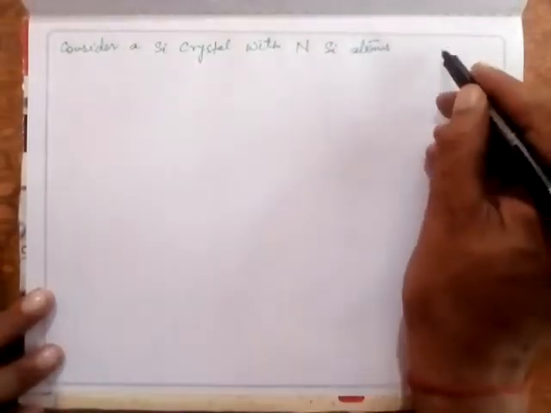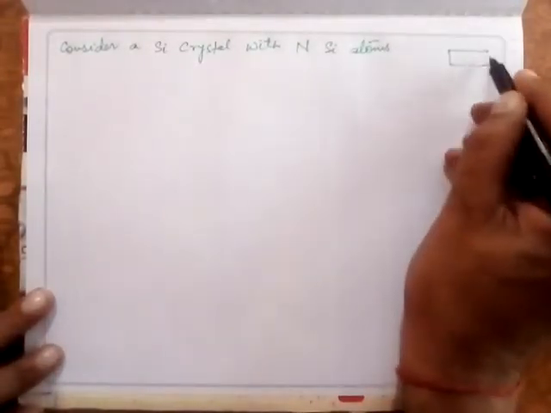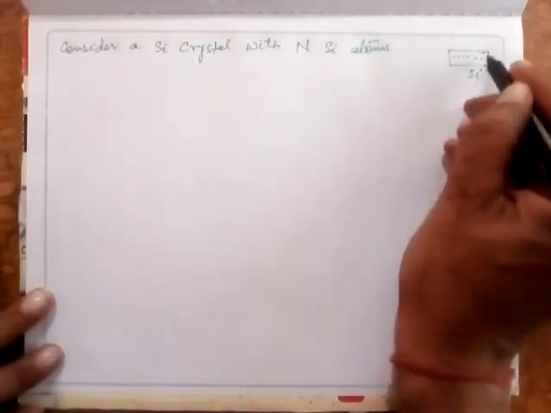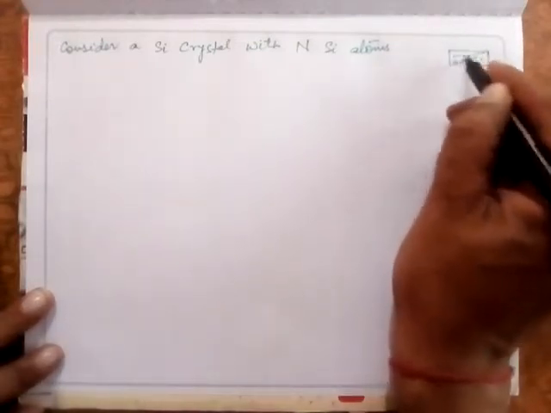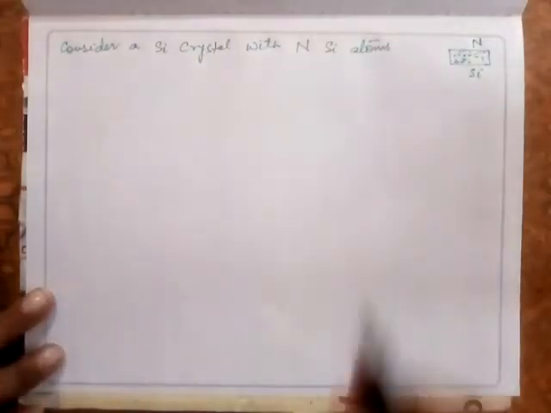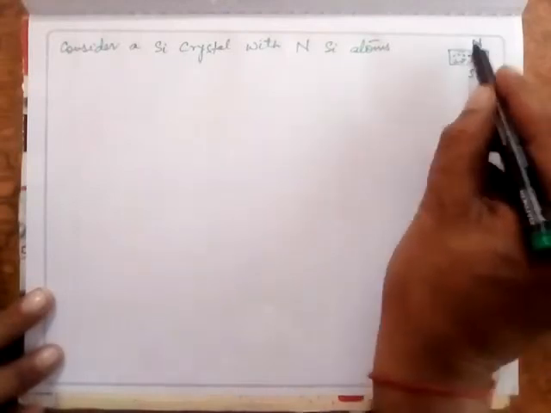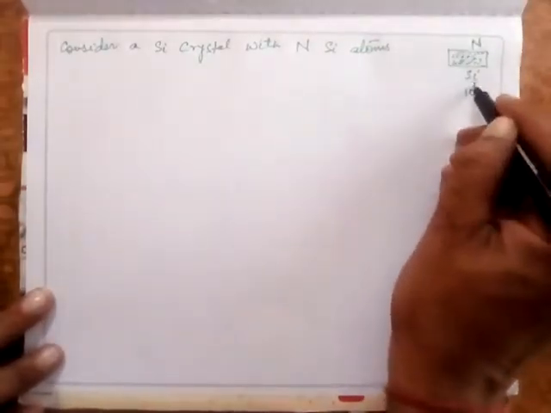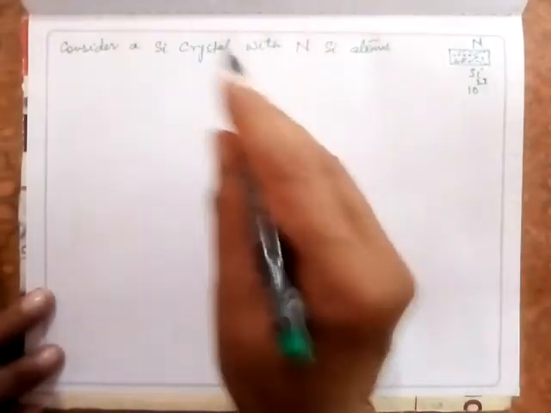You have a silicon crystal here, which is formed by n number of silicon atoms. These are silicon atoms, and n number of atoms form a silicon crystal. Remember that this n is not a small number, it is of the order of 10 to the power 23 and 24.